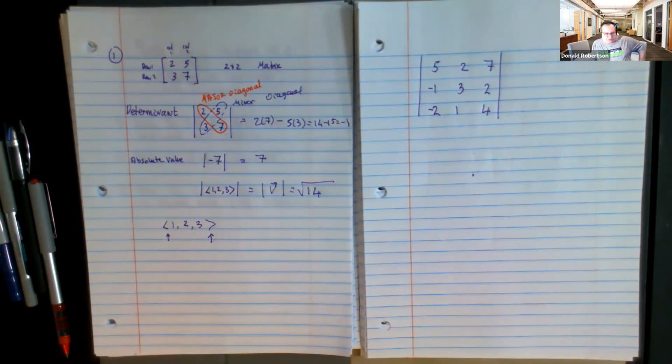You don't need to answer this question in specifics, but in general, have you seen the determinant of a 3 by 3 matrix? How many of you have actually seen that process?